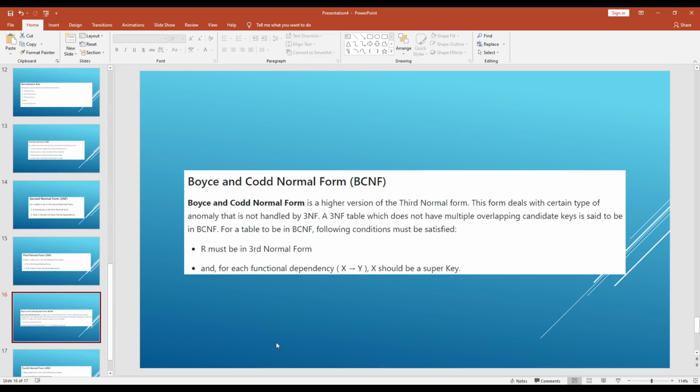For a table to be in BCNF, the following conditions must be satisfied. R must be in third normal form, and for each functional dependency X determines Y, X should be a super key.